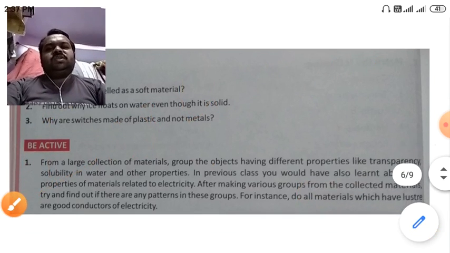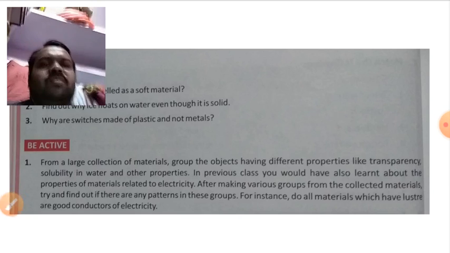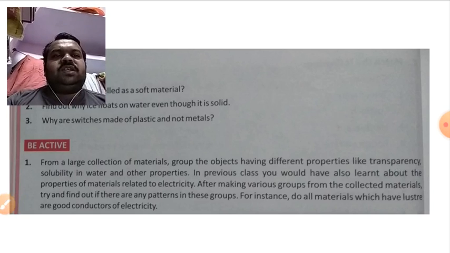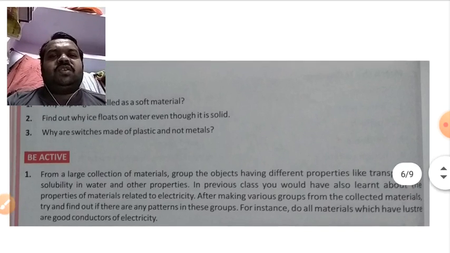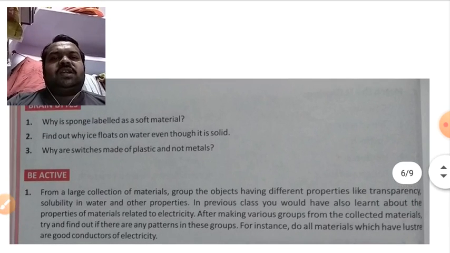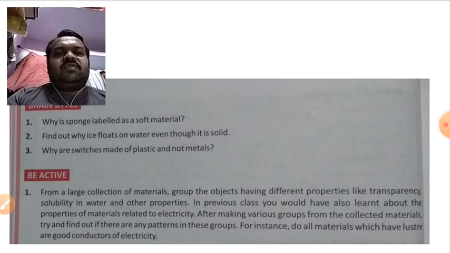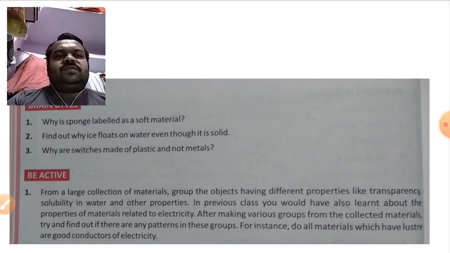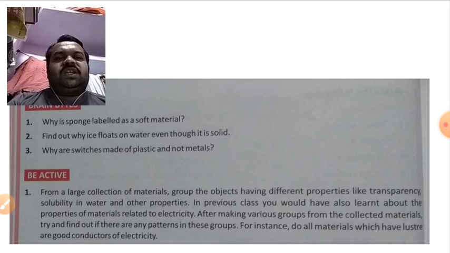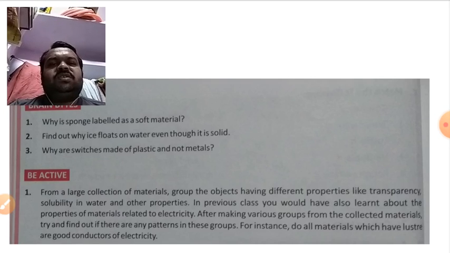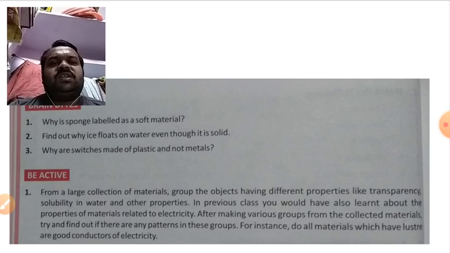Next question is, be active. From a large collection of materials, group objects having different properties like solubility in water and other properties. In the previous class, you would have also learnt about the properties of materials related to activity. After making various groups from the collected materials, try to find out if there are any patterns in these groups.